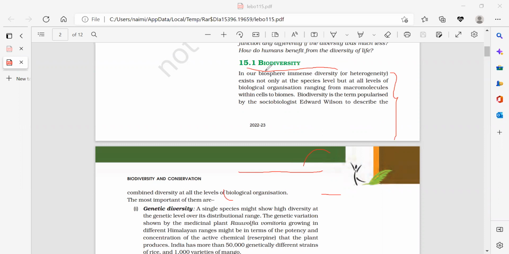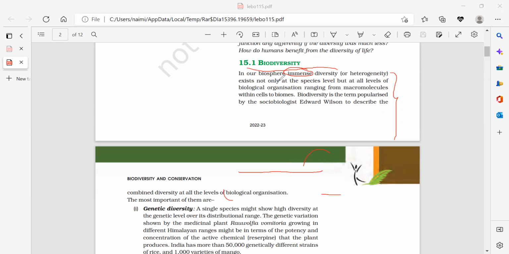Immense diversity is present in the biosphere. The word immense is very important for competitive exams. It exists not only at the species level but at all levels of biological organization, ranging from macromolecules within cells to biomes.